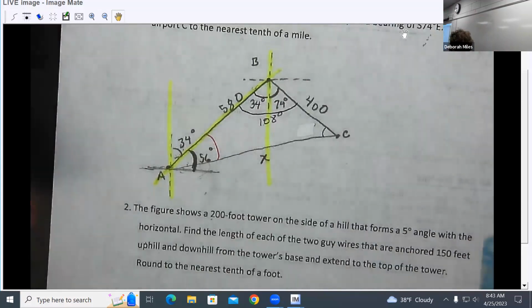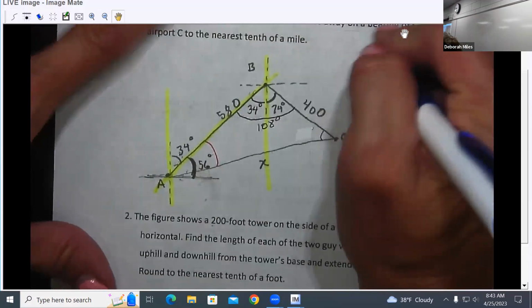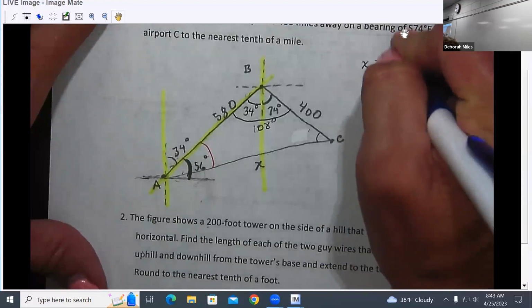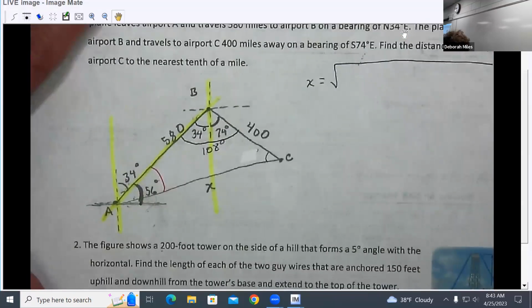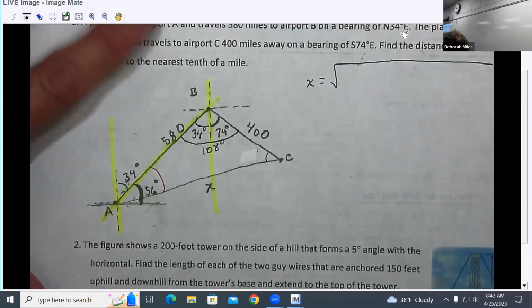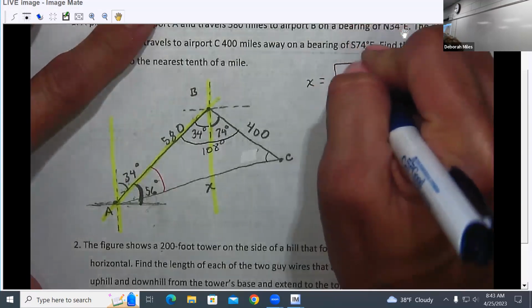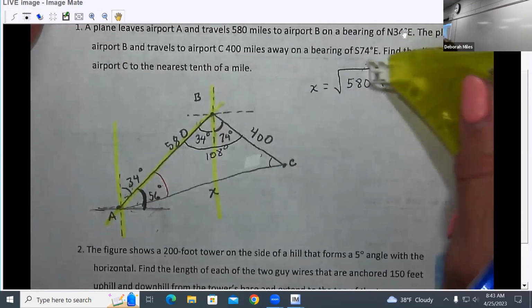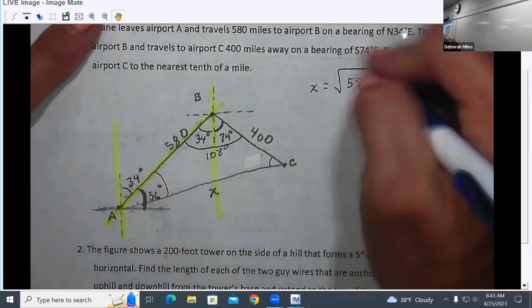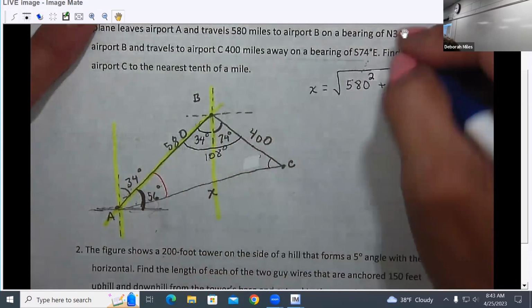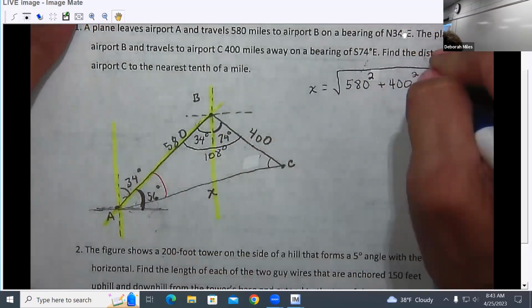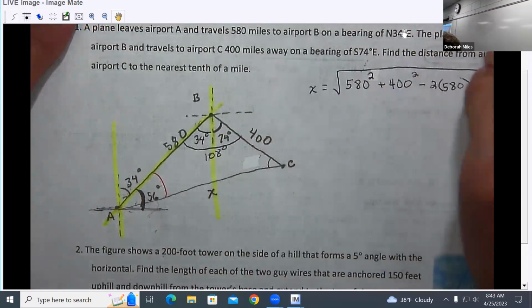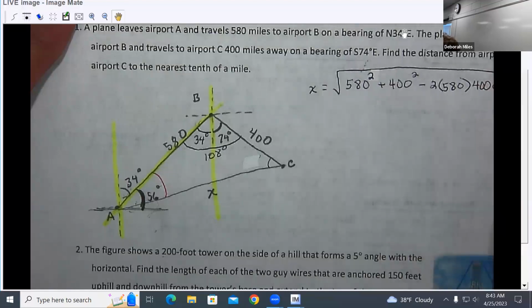So I could either start my equation x squared equals blah, blah, blah, or I could go ahead and take the square root of both sides and say x is the square root of the sum of the squares of the other two sides. 580 squared plus 400 squared minus 2 times 580 times 400 cosine of the angle opposite x.